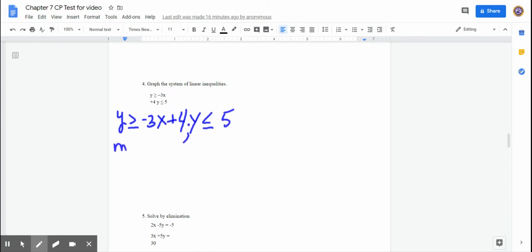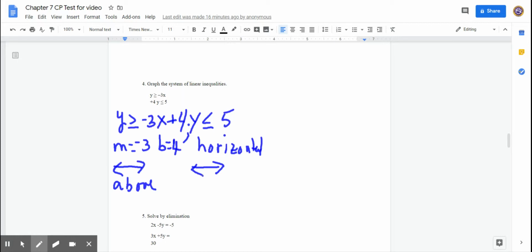So your slope here is -3. Your y-intercept is 4. Again, what kind of line? Solid and shade above. Y is less than or equal to 5, remember, is a horizontal line. It's going to be solid because of the equals, and you're going to shade under because it's less than.